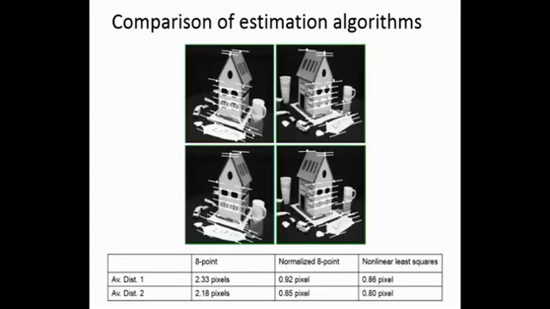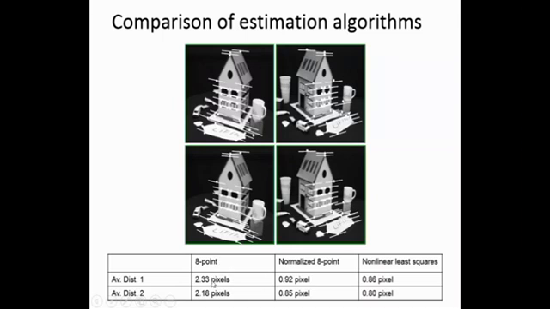So this is comparing how good your solution is for the 8-point algorithm, normalized 8-point algorithm, and nonlinear least squares. The error measure is the distance of the points to the corresponding epipolar lines. For the 8-point algorithm, if you don't normalize, you get a pretty big error.